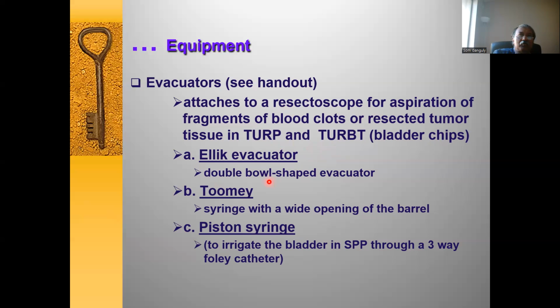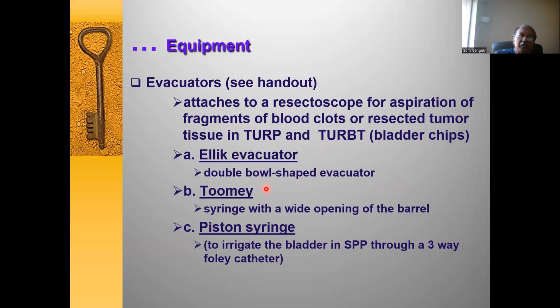It has a double bowl shape, means it has a glass or plastic bowl, double bowl attached to each other, and then there is an evacuator. This is used normally to get rid of the prostatic blood clots and tumor from the bladder. They have the Toomey syringe.